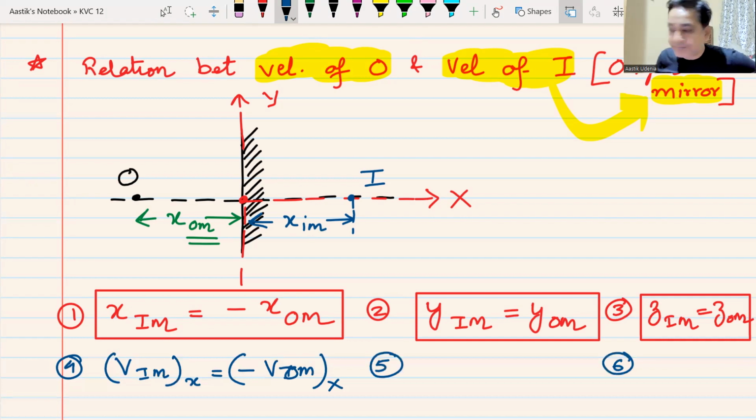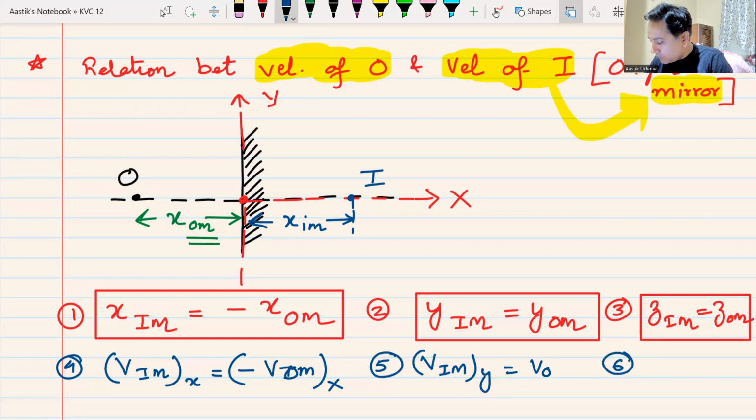Can I expect that? What will be equation number 5 and equation number 6? See, I made a mistake. VIM along y-axis will be equal to VOM along y-axis.